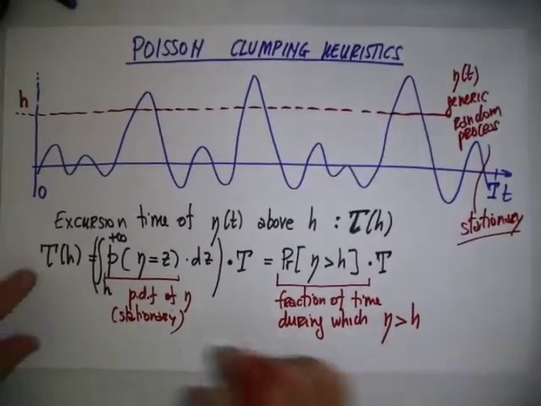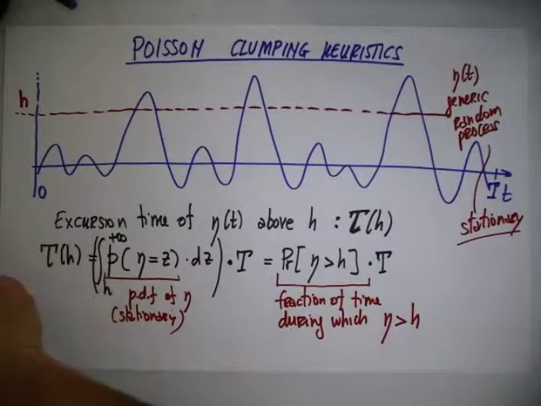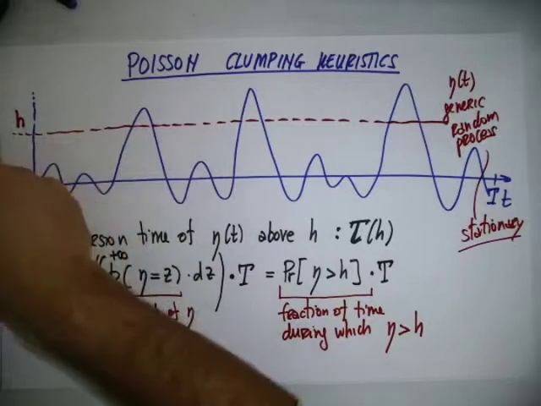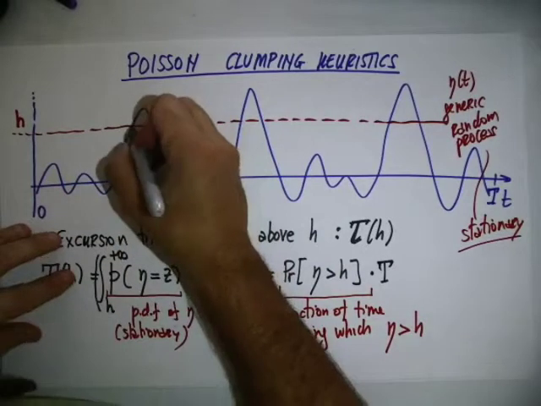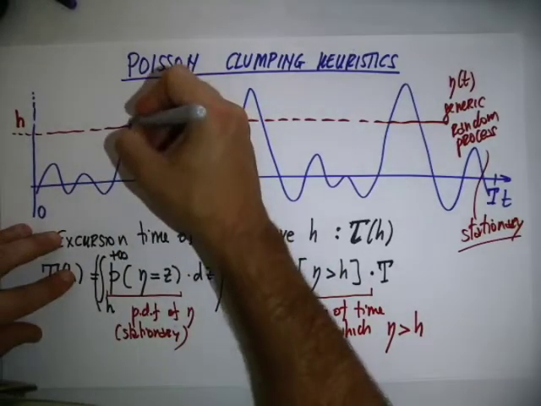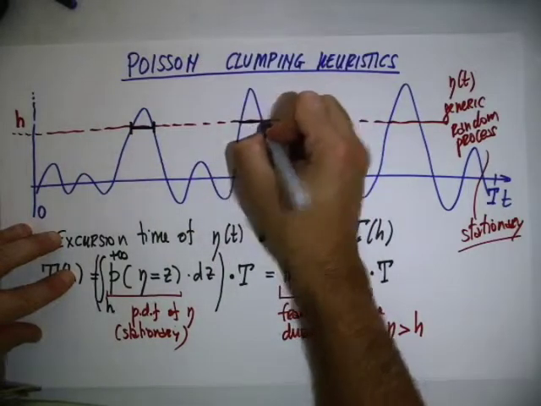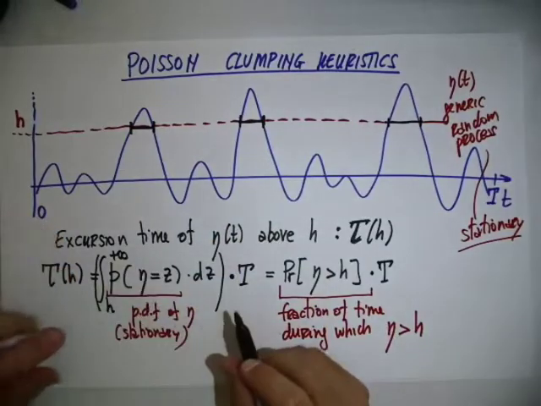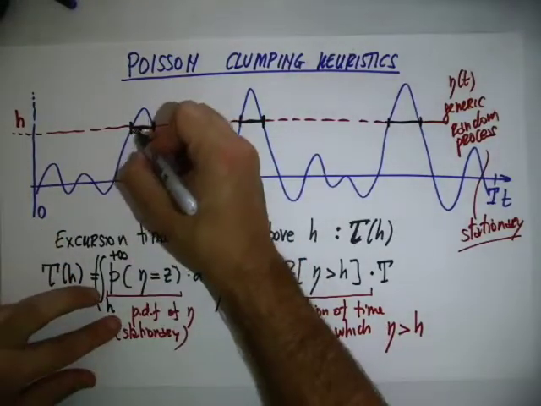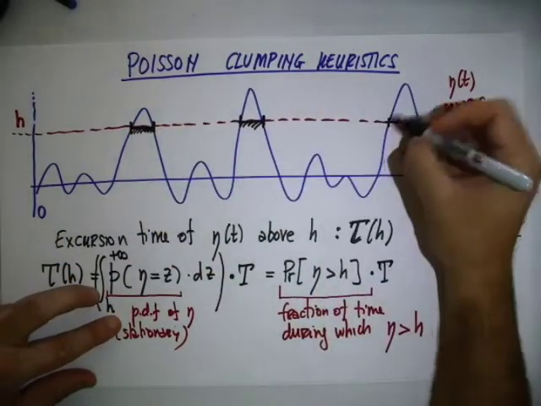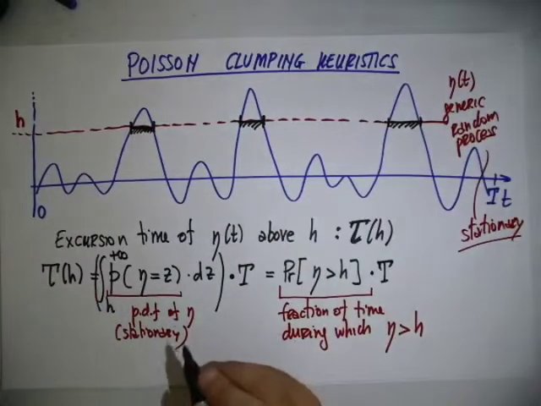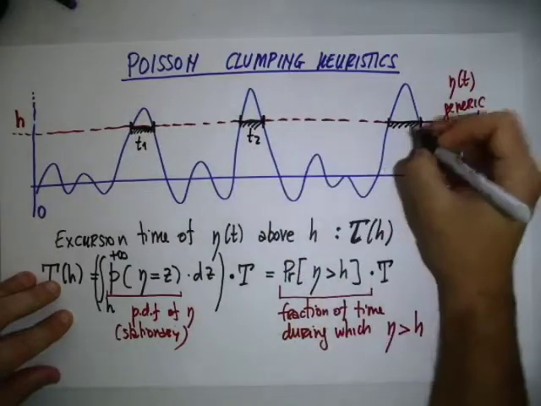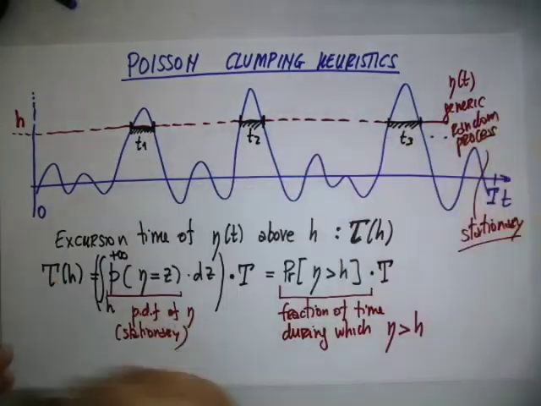Of course, the same excursion time is also equal to what? If I look at the excursion time, I see that it is given by these time segments, which I can call T1, T2, T3, and so on.